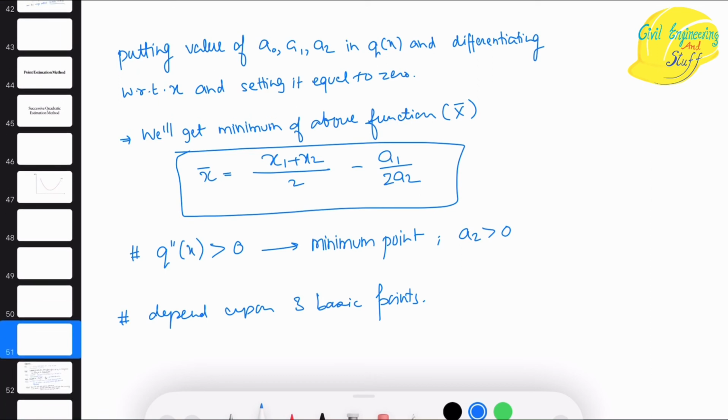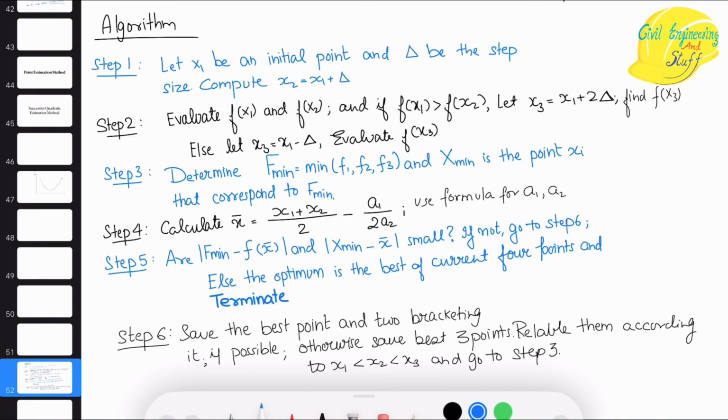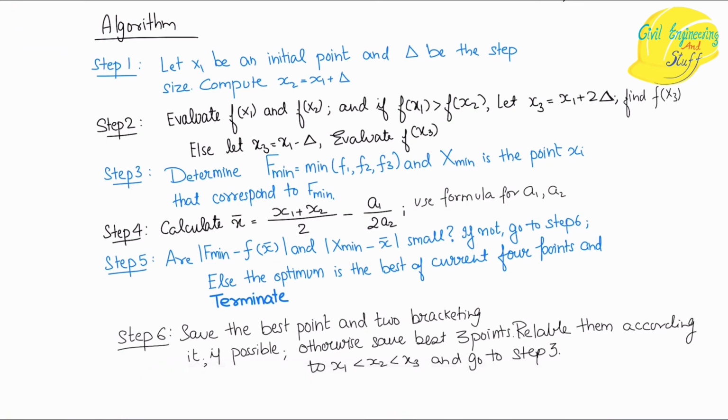So let us discuss the algorithm. How do we proceed in this method? In step 1, we take any value x1, the initial point, and we move ahead in a small interval of delta. Then we compute the next point, x2, which is equal to x1 plus delta, and we find the values of f(x1) and f(x2).